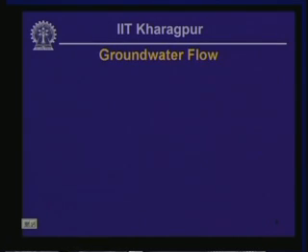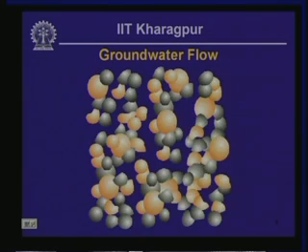Okay. Now, with those concepts, we look at the process of how groundwater flows from one point to another. Let us consider a matrix of solid particles of that type. You can see there is a lot of void space in between the solid particles, and some of these void spaces are interconnected and cut right through the matrix.